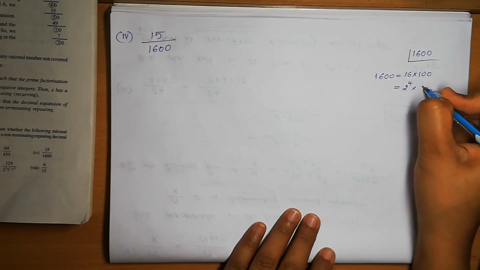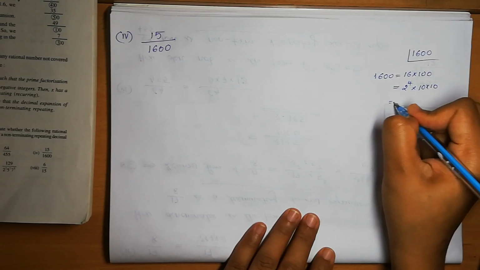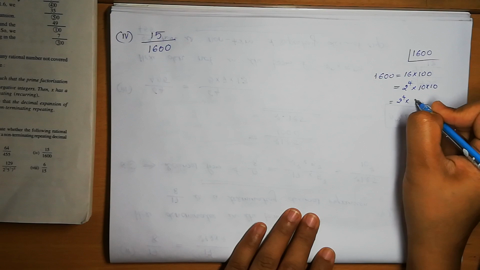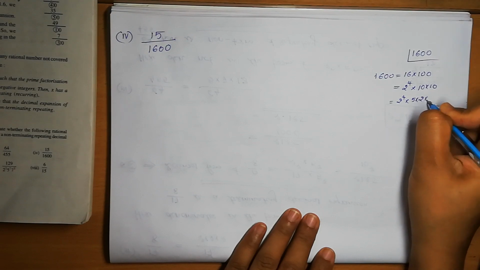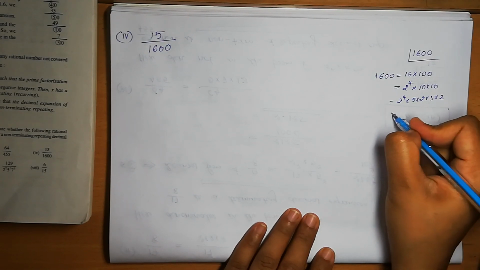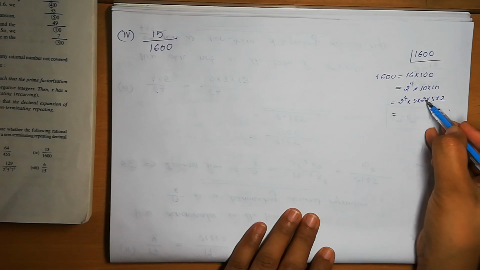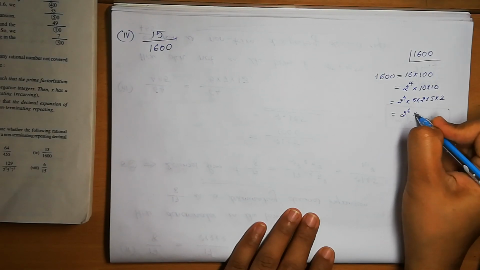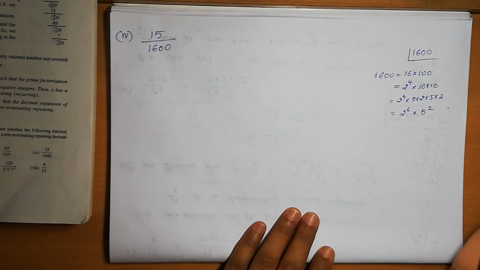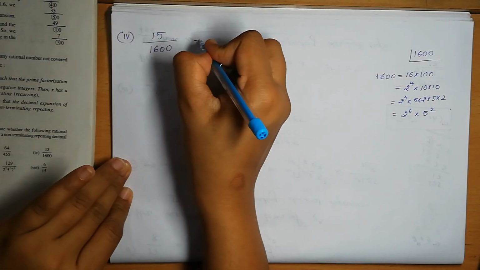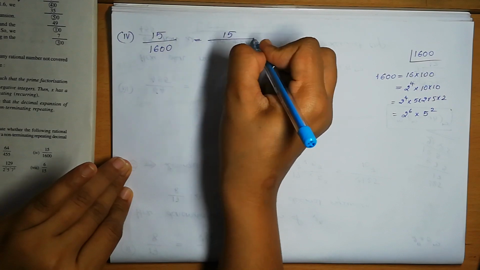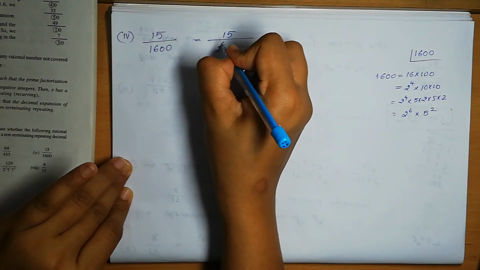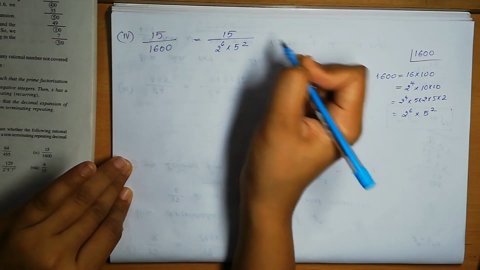Into 100 we can write as 10 into 10. So 2 power 4 into 10 we can write as 5 into 2, 5 into 2. That means 2 power 6 into 5 square we can write. 15 divided by 2 raised to 6 into 5 square.